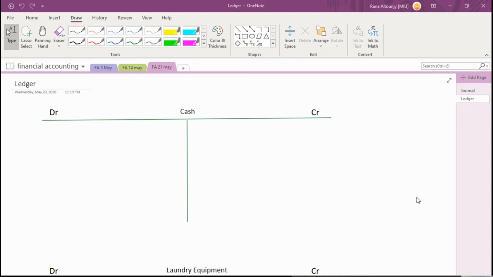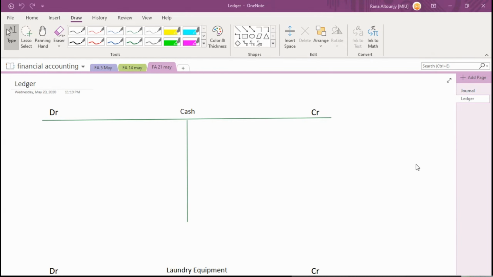Let's start with the cash account. When you want to transfer the transactions from the journal to the ledger, you can transfer account by account, or you can transfer transaction by transaction. It's up to you. I'll transfer for you here transaction per transaction.